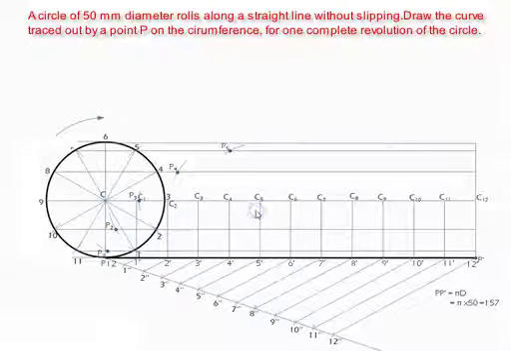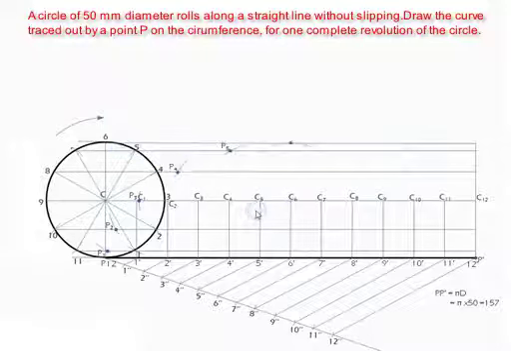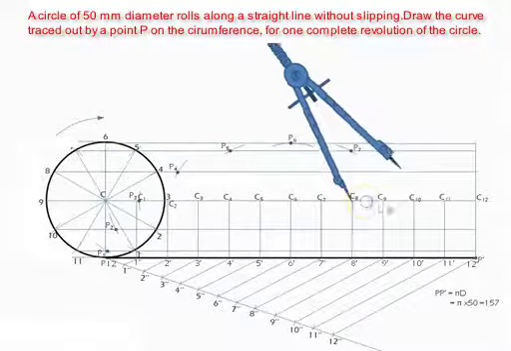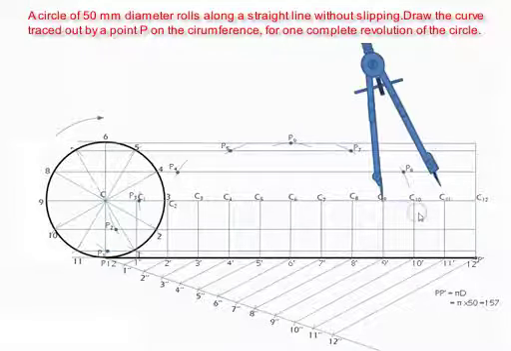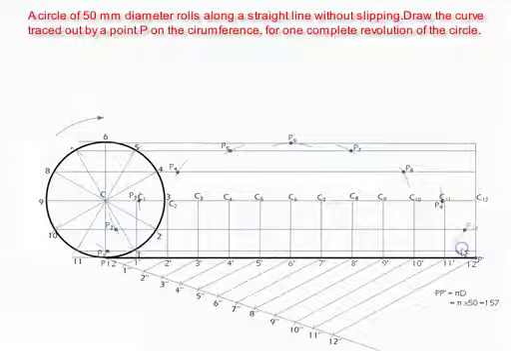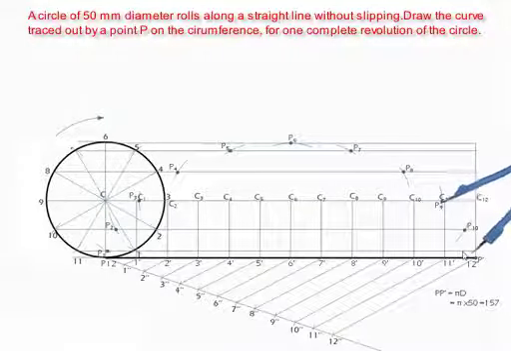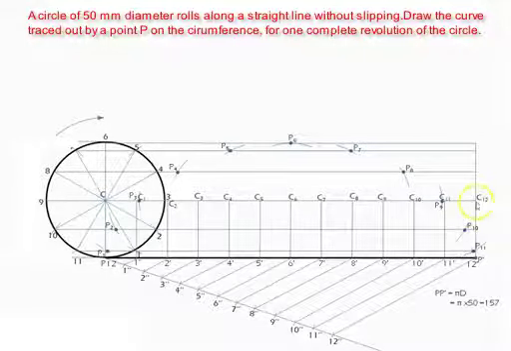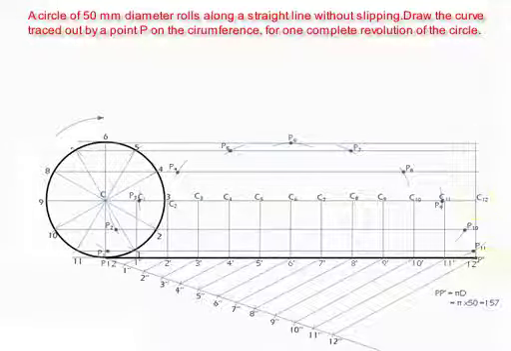You have to follow the same process by carrying the radius in your compass and cutting the respective lines with the centers C1, C2, C3 till C12. You can see here the point P12 comes on the point 12 dash, or on that point P dash itself.